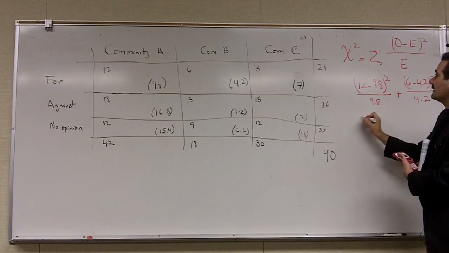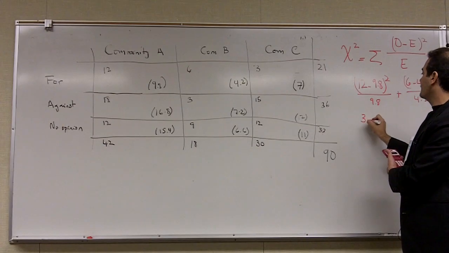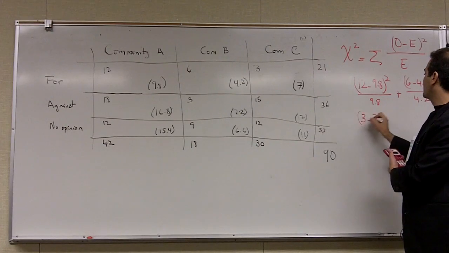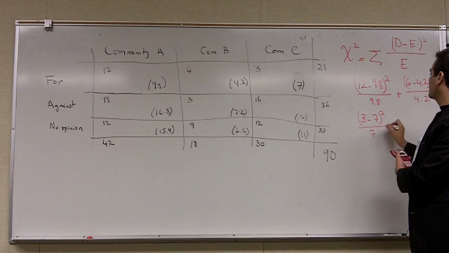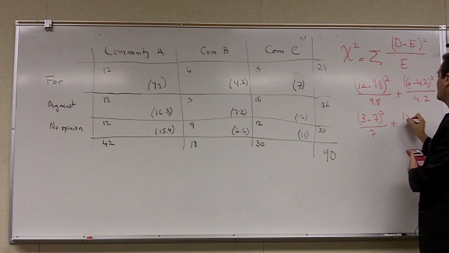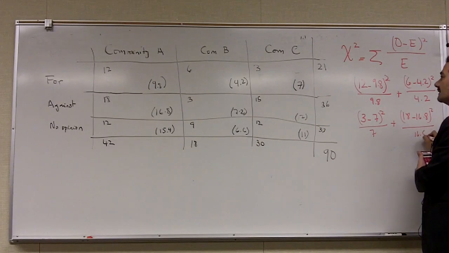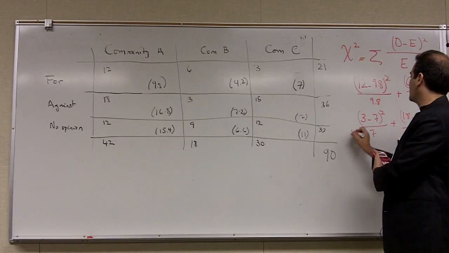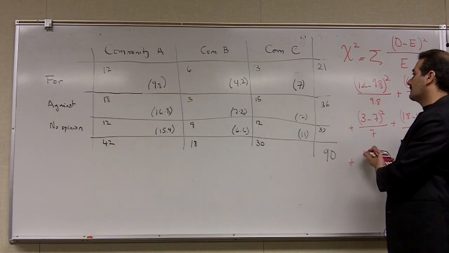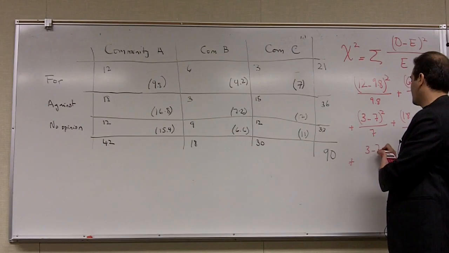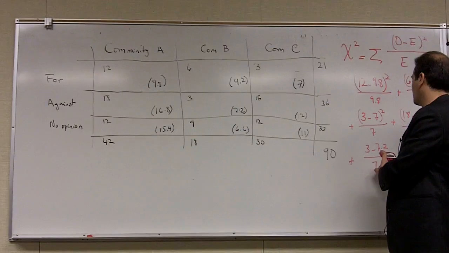You add to that 3 minus 7 squared over 7, plus 18 minus 16.8 squared over 16.8. Three minus 7.2. You just add everything in a whole line, everything together?